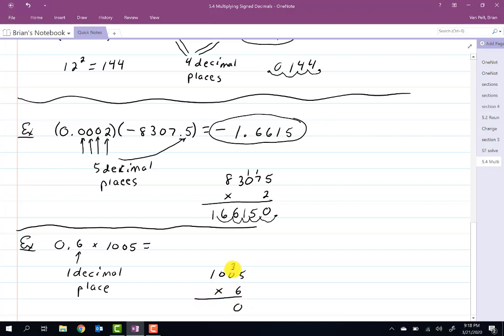Put a 3 above that 0. 6 times 0 is 0, but plus 3 gives me 3. 6 times 0 is 0, and then 6 times 1 is 6. So you get 6, 0, 3. I'm not going to put the last 0 because this decimal needs to come back 1 spot to after the 3. And with that, you don't have to write 0.0, so I'm just going to erase it and leave it at 603.